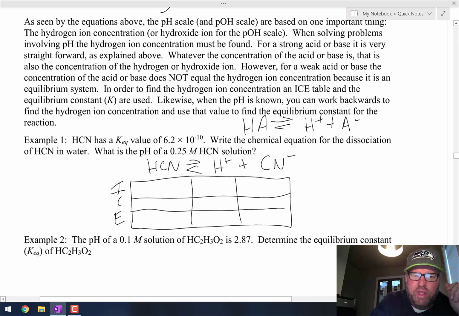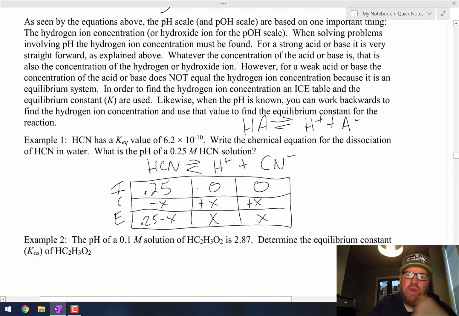So you've got a 0.25 molar HCN solution. That's initially 0.25. This is 0. This is 0. Now, this is going to become pretty common here. This is going to go down by x. These both go up by x, just like we saw in the first part of Unit 6. And then we have 0.25 minus x.